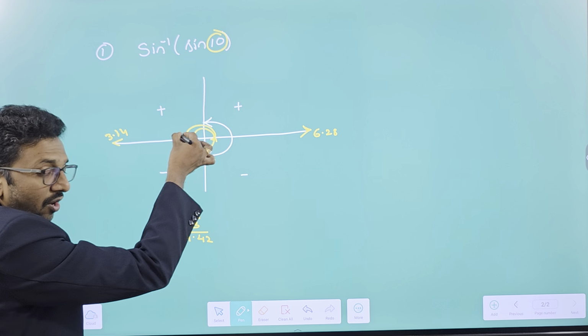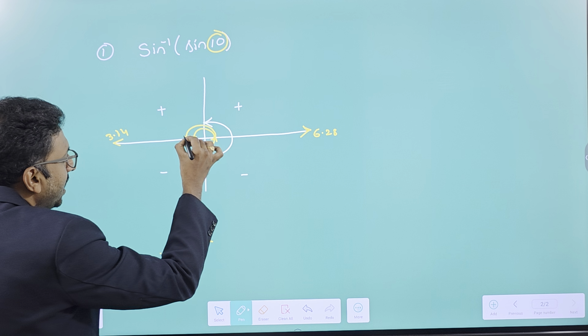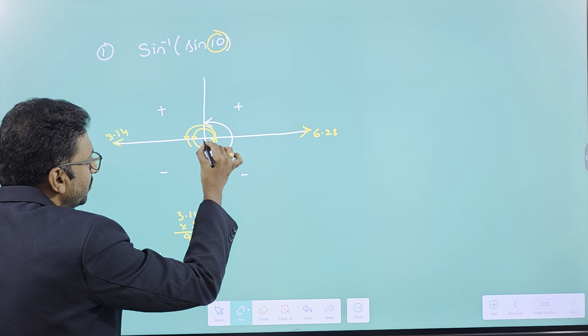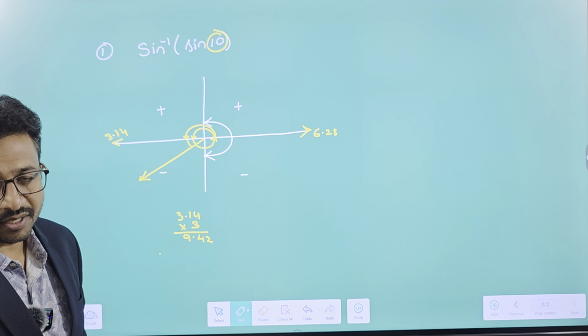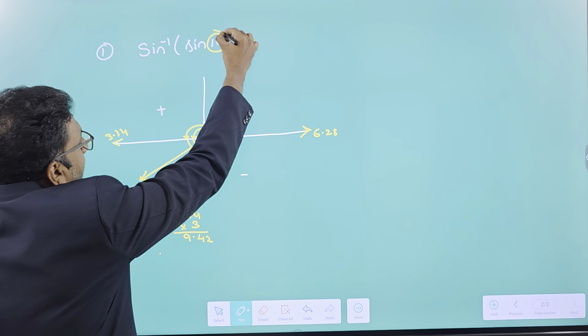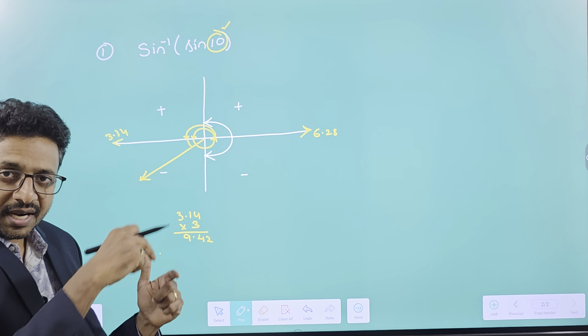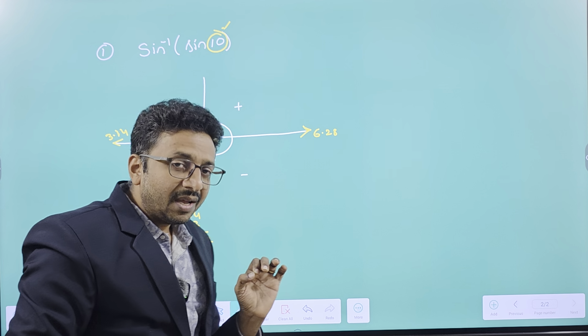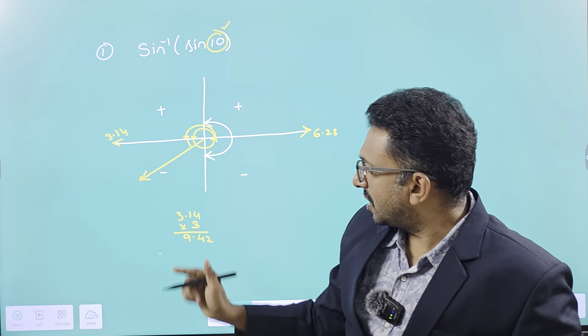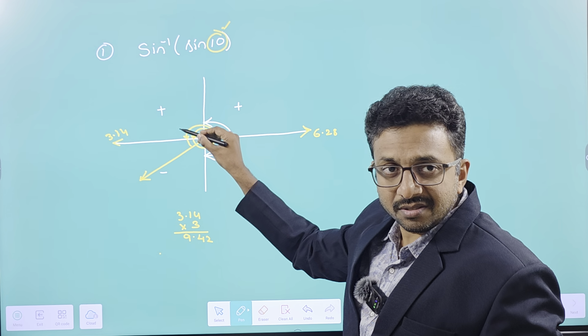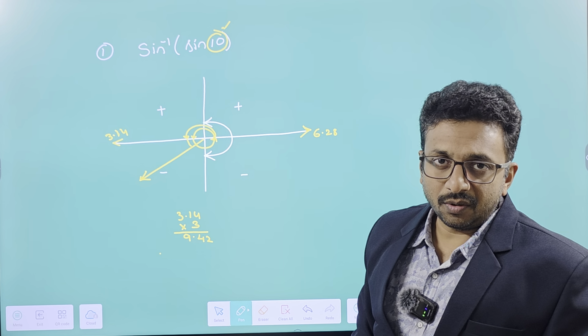So you have gone through 9.42 radians, and 10 radians is slightly more than this. So the ray is going to stop in the third quadrant. So whatever angle is given here, you keep on rotating and you have to identify the quadrant in which the ray stops. So clearly after 1.5 rotations, the ray stops in the third quadrant.